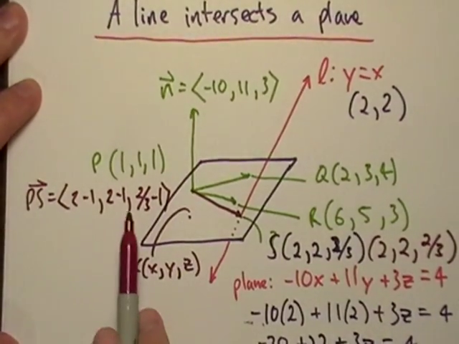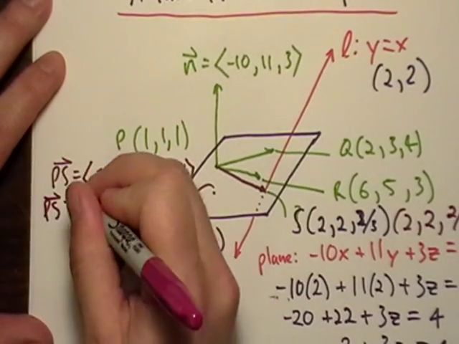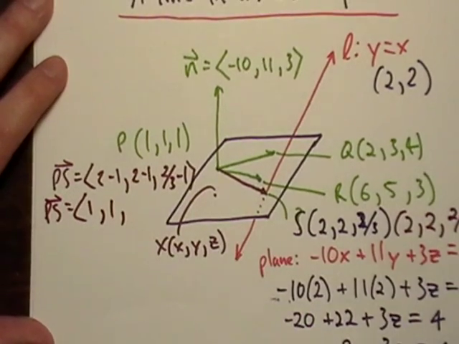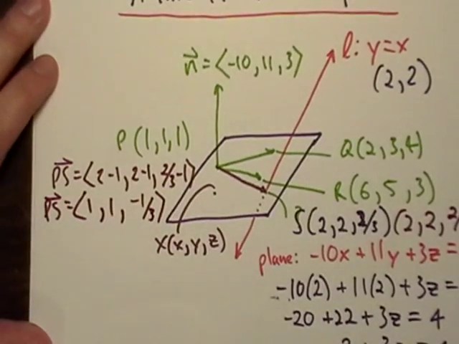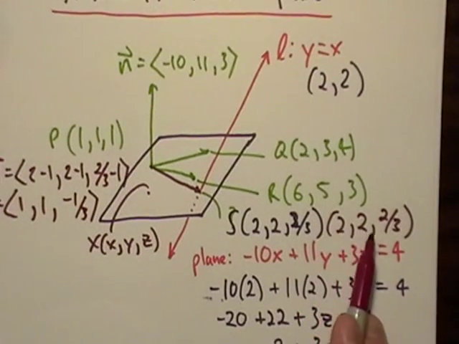That's really sloppy, I hope you can see that. It simplifies down to 1, 1, negative 1/3.